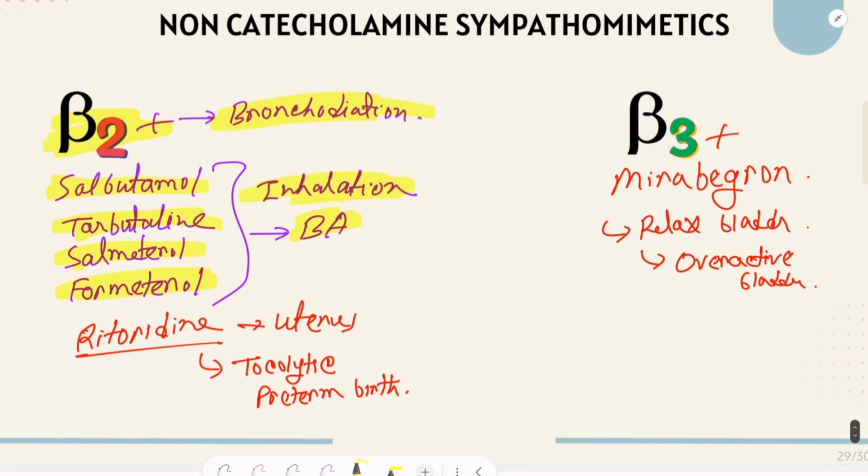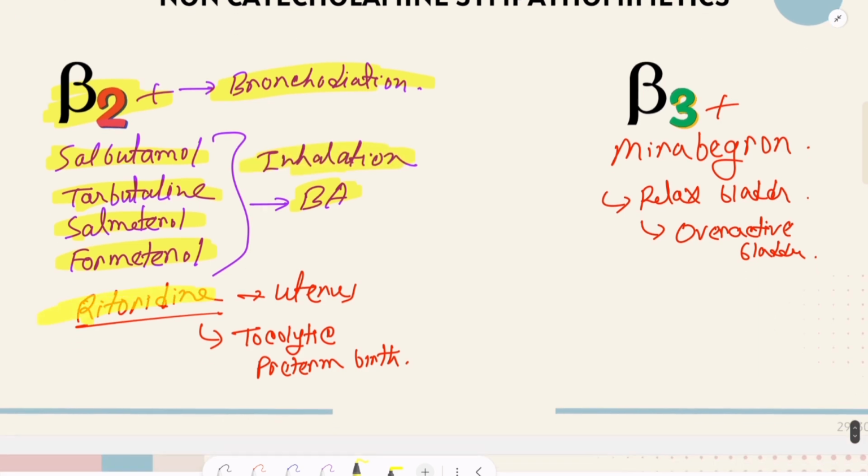Another drug that stimulates the beta-2 receptor is ritodrine, and beta-2 receptor is located at uterus. Stimulation of uterine beta-2 receptor leads to relaxation of the uterus, and this effect is also known as tocolytic effect. This tocolytic utility of ritodrine is used for preterm birth.